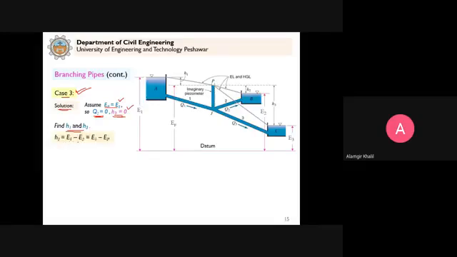Then, using these relations that we already developed, because E2 is equal to EP, you can see here, and H3 will be given by this expression, because in the first trial E2 is equal to EP. Now we calculate Q1 and Q3.